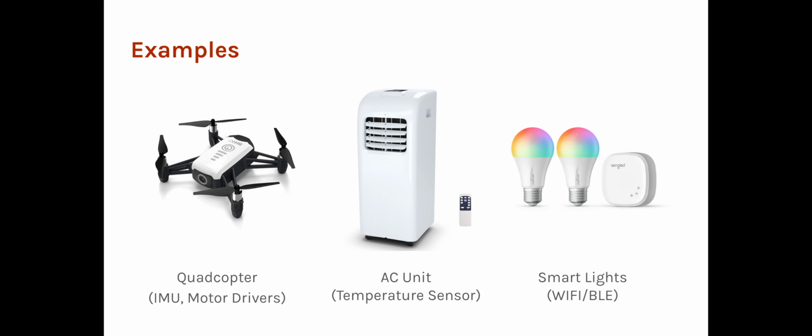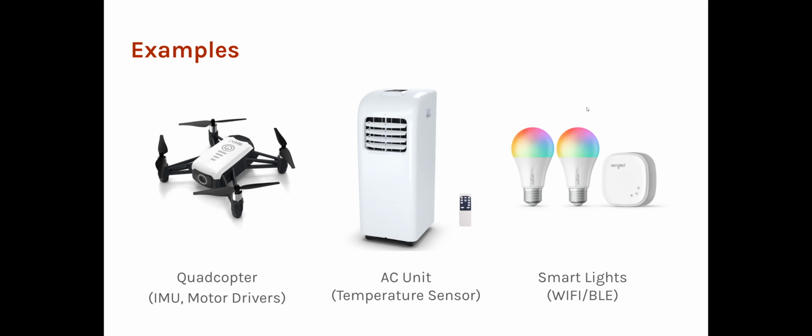Here are a couple of examples of devices that use embedded systems. To the left, we have a quadcopter, which has devices such as an IMU or motor drivers. These devices are embedded systems that are meant to allow the quadcopter to detect its position and respond accordingly. Inside of an AC unit, you would typically see a temperature sensor as an embedded system.